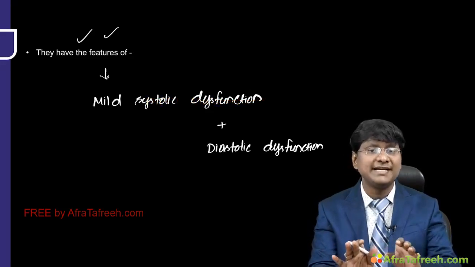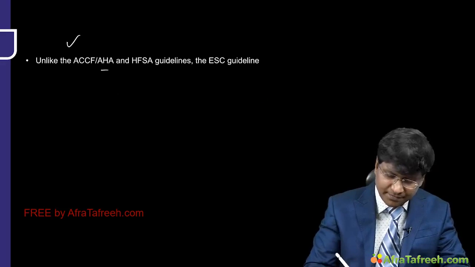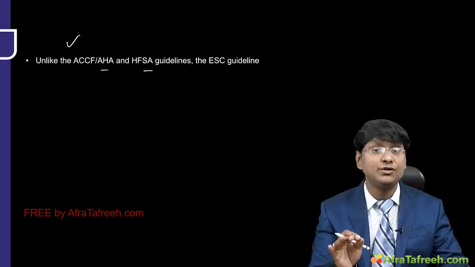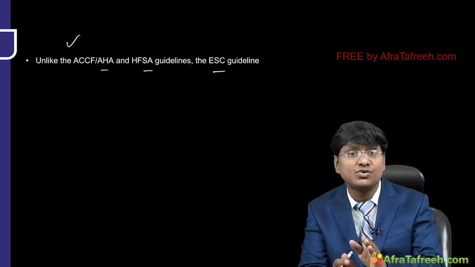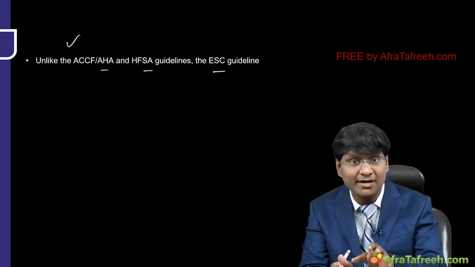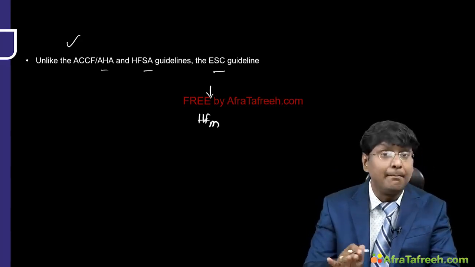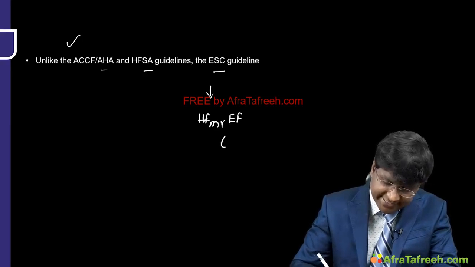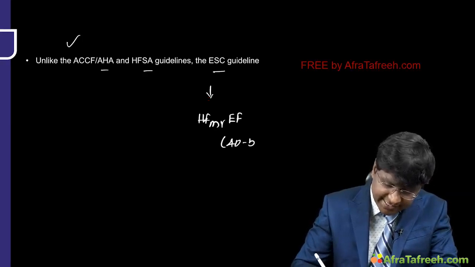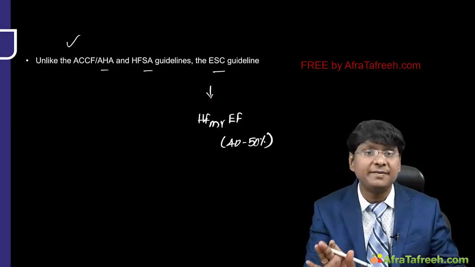Now you have to understand that unlike the American Heart Association and the Heart Failure Society guidelines, the ESC, the European Society of Cardiology, is the one which has identified heart failure with mildly reduced ejection fraction, where the ejection fraction of the individual is around 40 to 50%.